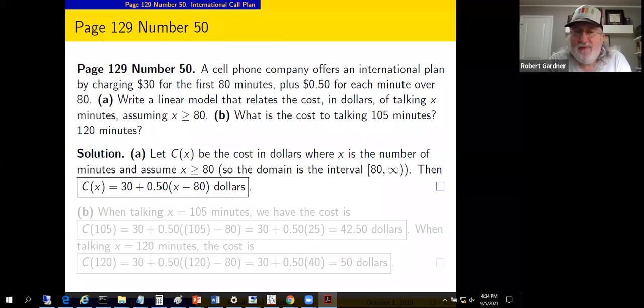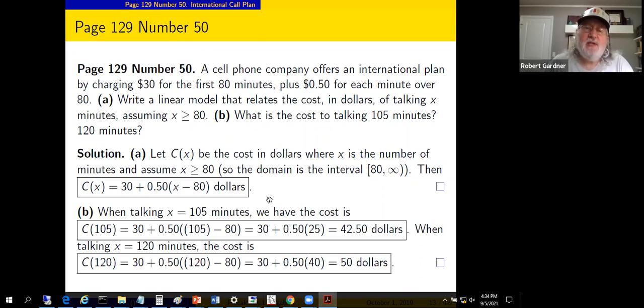I think it's a little bit easier to see what's going on if we leave it in that form. If you want to distribute the 1/2, go at it. That'll produce a negative 40 over here. You'll get 30 minus 40, negative 10, plus the 50 cents x then. But remember, we're assuming x is greater than 80. I think I want to leave that expression there.